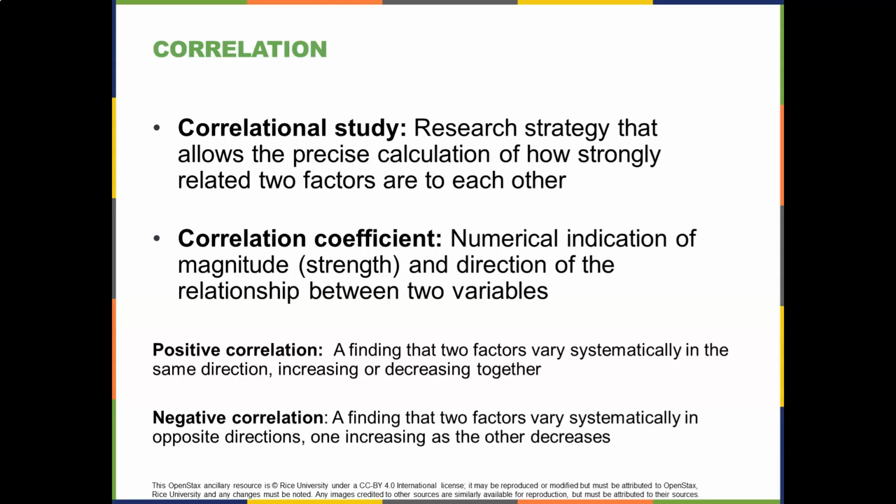Now, often correlation, right here, correlation is this term, and that basically is concerned more with how strongly related two factors are to each other. So take, for instance, I'm just going to make up a really funny, strange correlation.